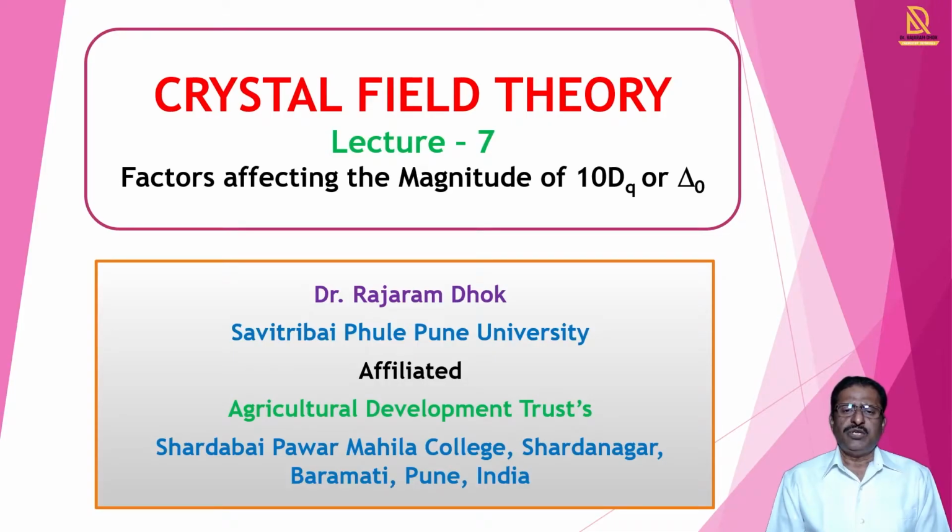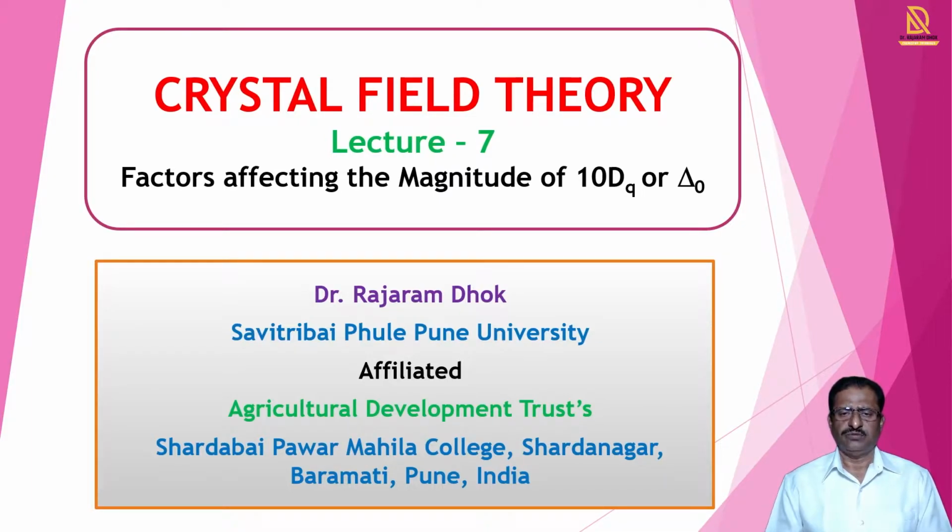We learn about the crystal field theory, and in this crystal field theory in the 7th lecture we discuss the factors affecting the magnitude of 10Dq or delta O. So 10Dq means the energy difference between the t2g and eg.